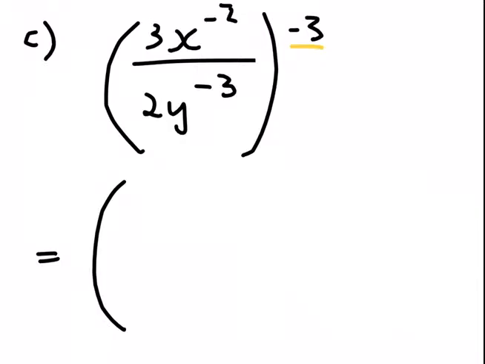Just be careful of something as I explain this part. It is actually those negative exponents that go to the top as positive, and that one goes to the bottom as a positive.